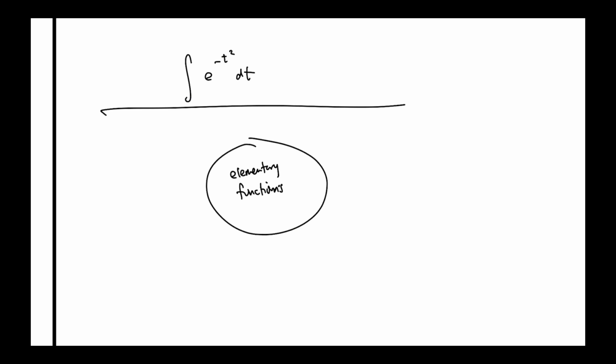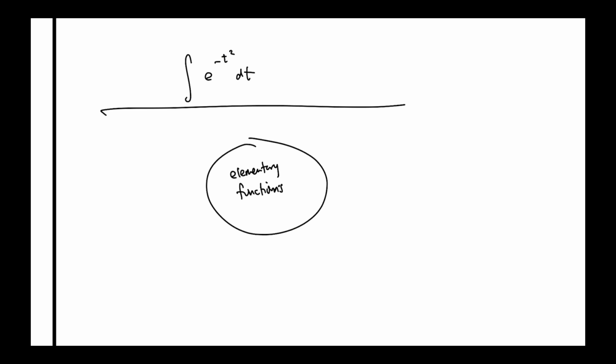All polynomials, square roots, trig functions, e to the x, the logarithm. Am I missing anything? Fraction stuff. So it's anything that you can build out of these basic pieces: polynomials, radicals, logarithms, trig functions, e to the x. And how are you allowed to combine them? With addition, subtraction, multiplication, division, and the fun one, composition, right?